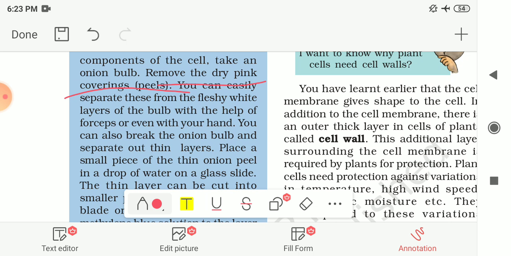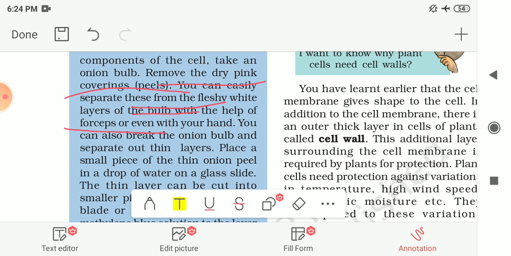You can easily separate this from the fleshy white layers of the bulb with the help of forceps or even with your hands. Forceps is a tong which has a sharp pointed end, by which you can separate the pink layer from the white fleshy layer.